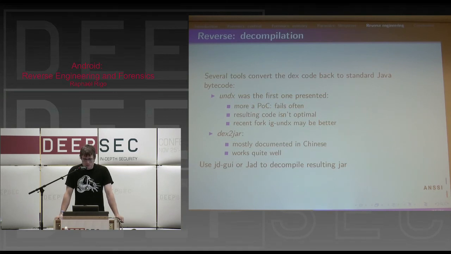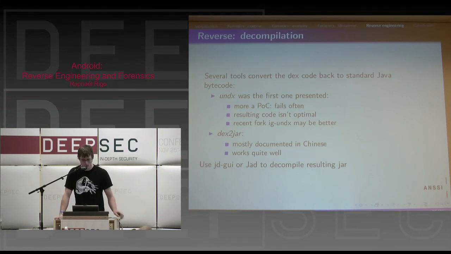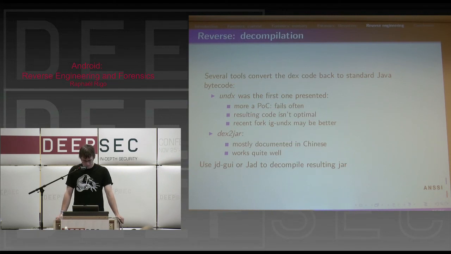It was presented two years ago, I think. It's really interesting, but it was more a proof of concept, and unfortunately it fails often, and the resulting code is not that readable. There is a recent fork that may work better. They mainly include bug fixes.